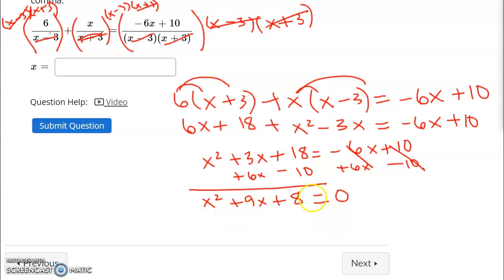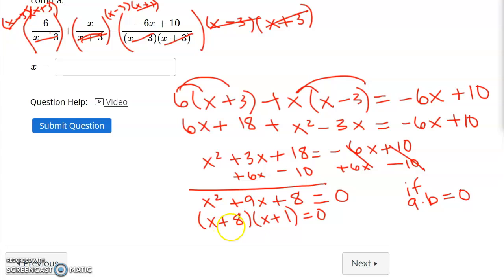So we're looking for factors of 8 that add up to 9. Well, 8 and 1 will work. So I can do x plus 8 times x plus 1 equals 0. Now because they're equal to 0 and I have two factors multiplied by each other, I can use this: if a times b equals 0, then either a equals 0 or b equals 0.